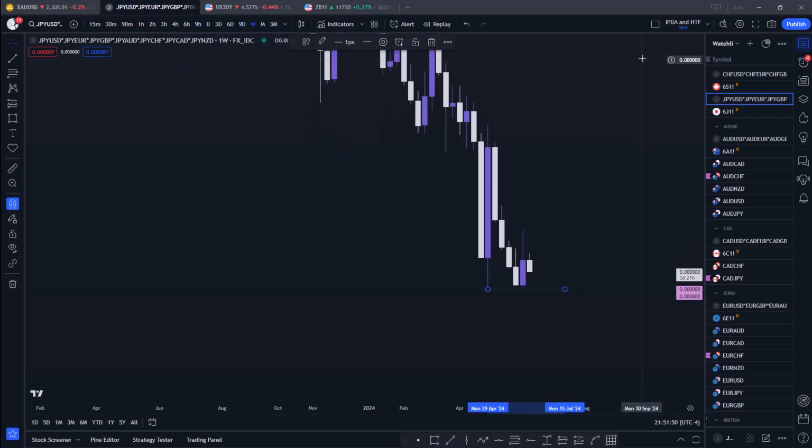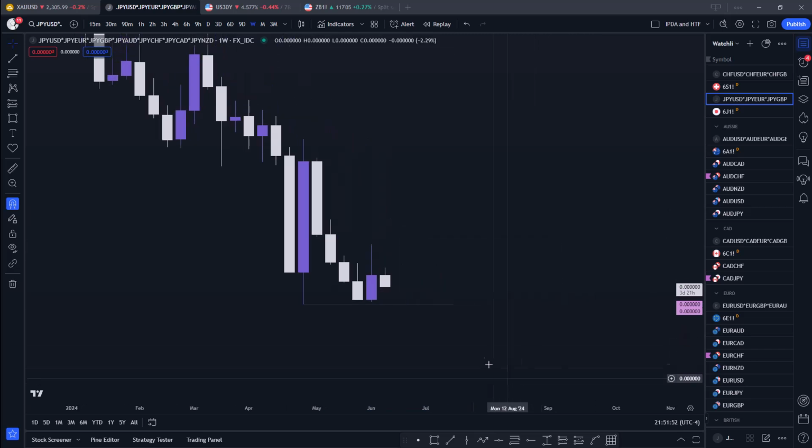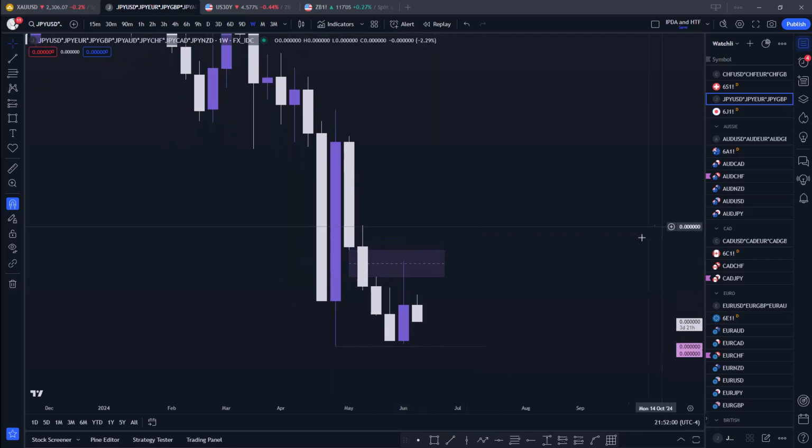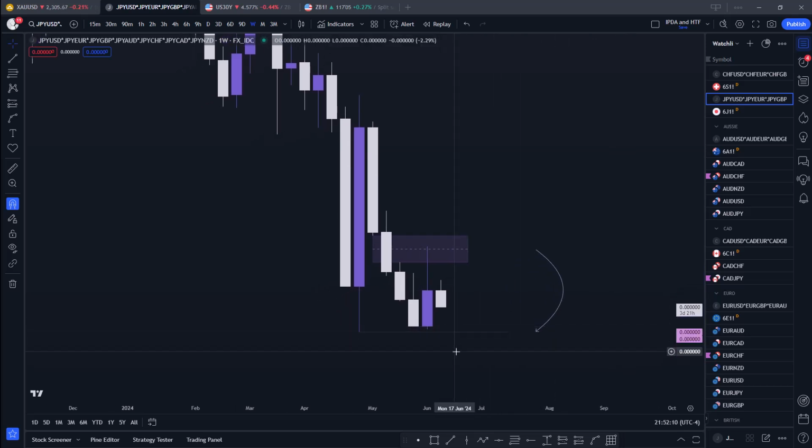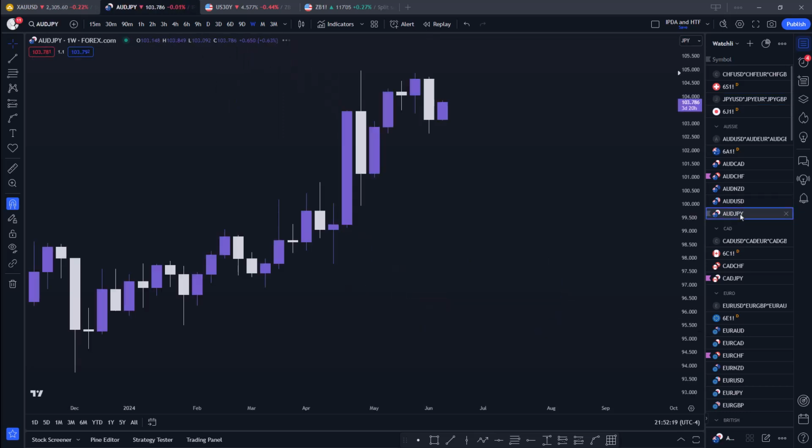We have that sell side liquidity level right there, and what we have done is to trade back into this internal range liquidity. So that's a fair value gap, a CB, and I'm expecting us to basically move from internal range liquidity to external range liquidity, something like that. So I'm expecting this sell side liquidity to be next, and because of this, it means I'm expecting the opposite on all yen crosses. Let's start off with AUDJPY.